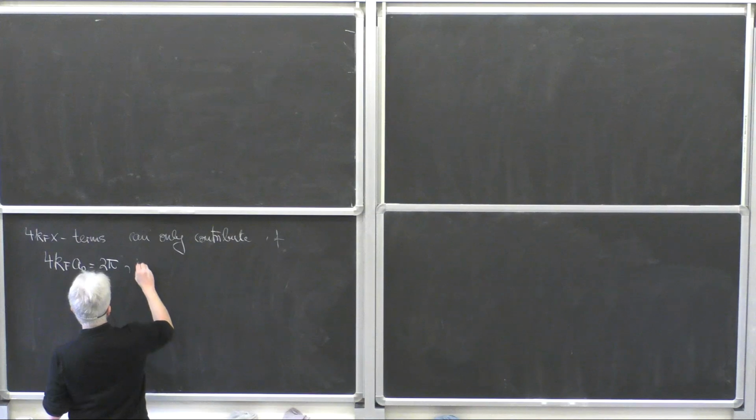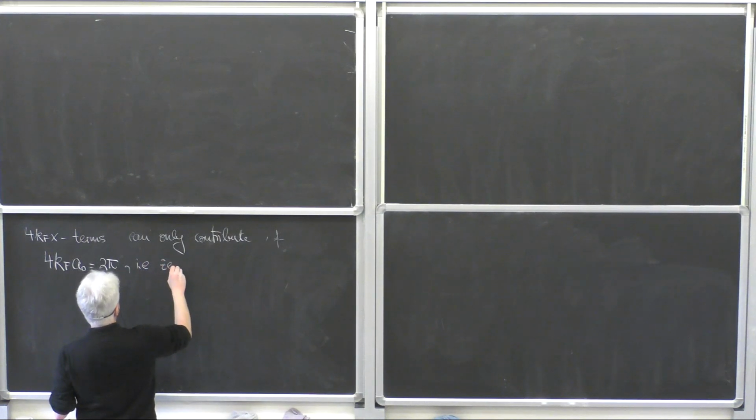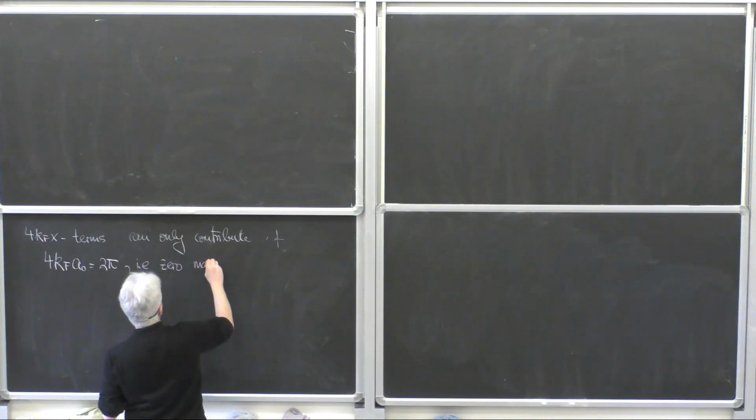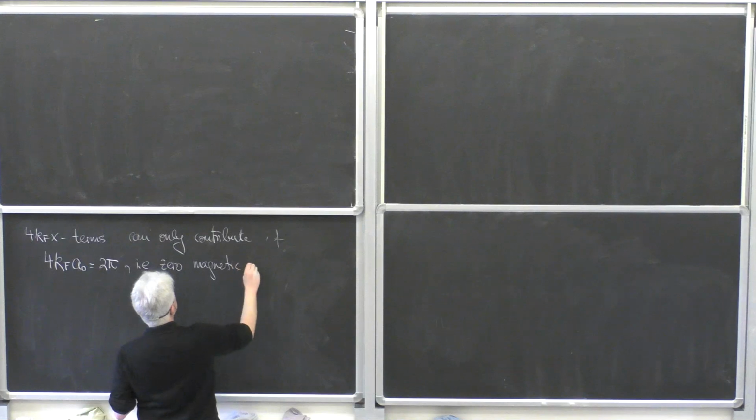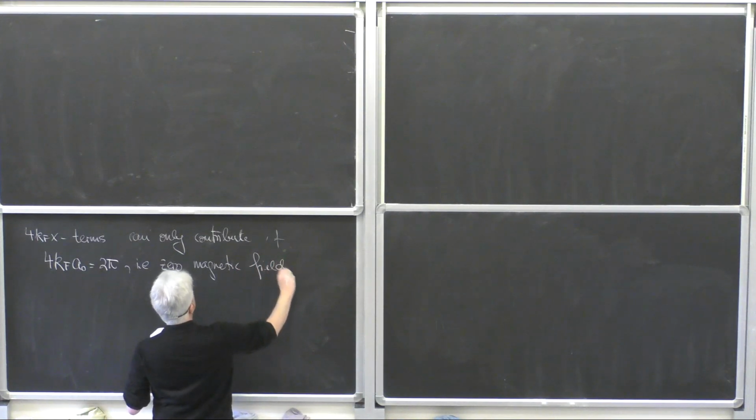And this corresponds to zero magnetic field. So if I'm in a finite field, I can drop these 4kF x terms, but in zero field, I have to keep them.